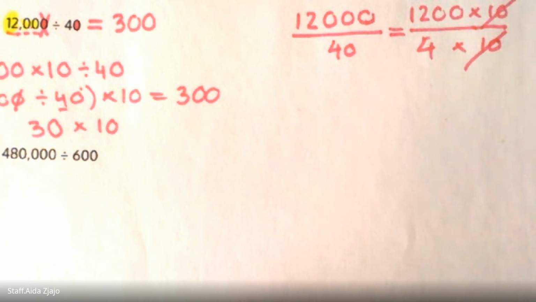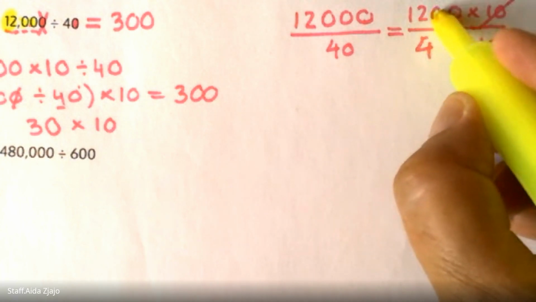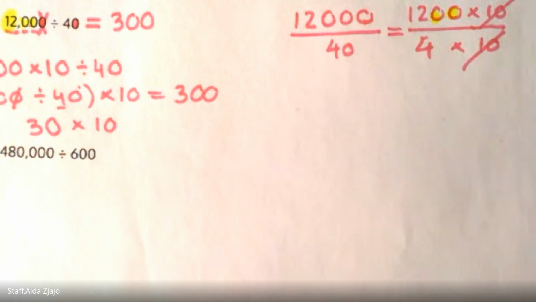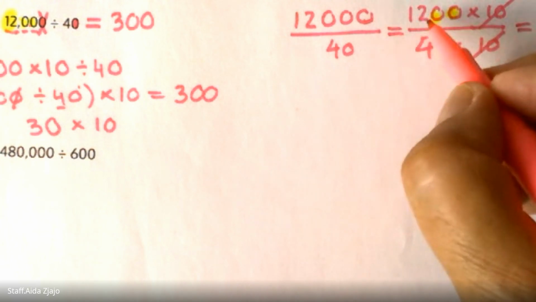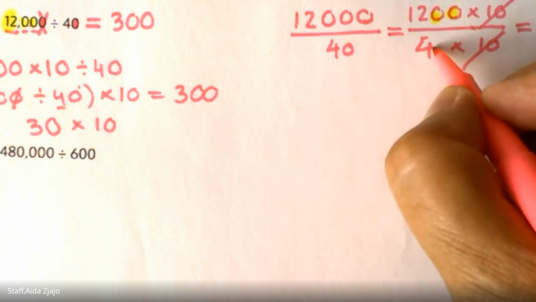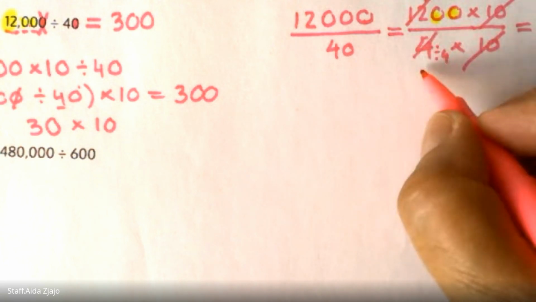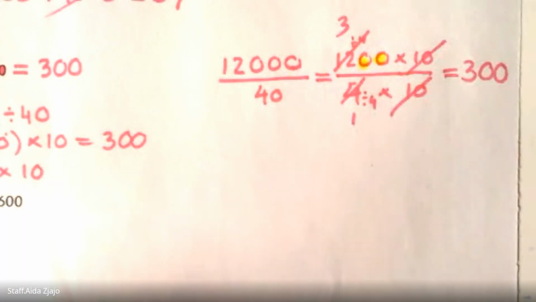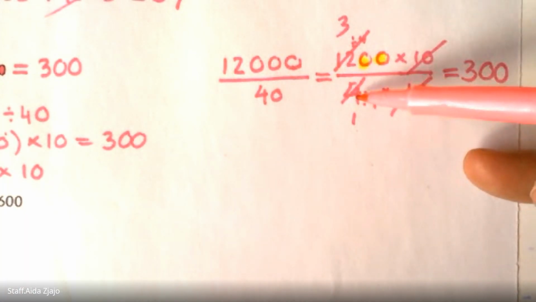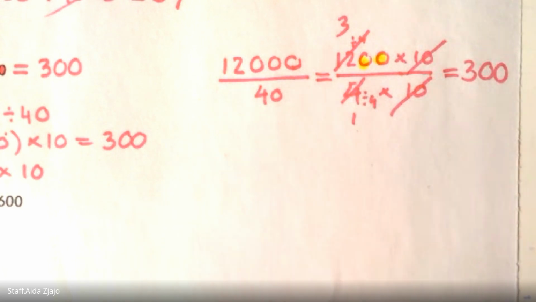And now you only have this 12 hundreds divided by 4. So 12 divided by 4 is 3, but then that is 300. So this is going to be 3, this is going to be 1, and the answer is 300. Oops. So 12 divided by 4 is 3, but 3 times 100 is 300. Okay, weird logic, isn't it?